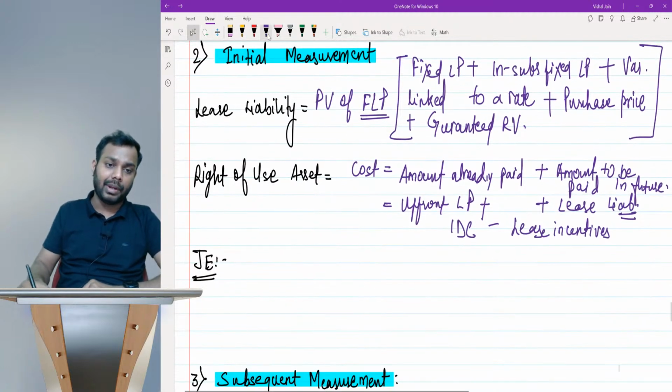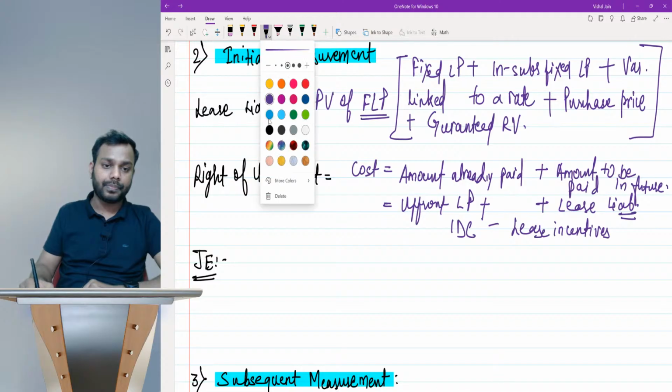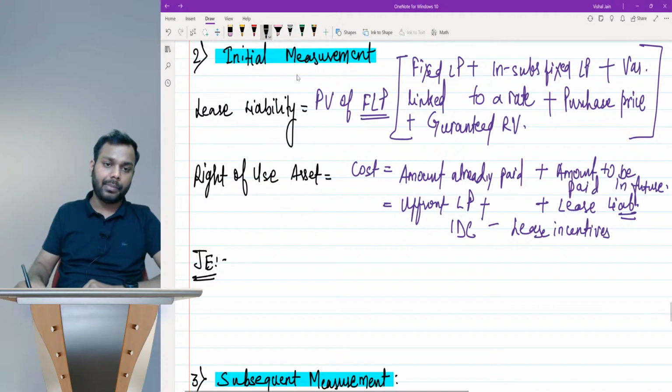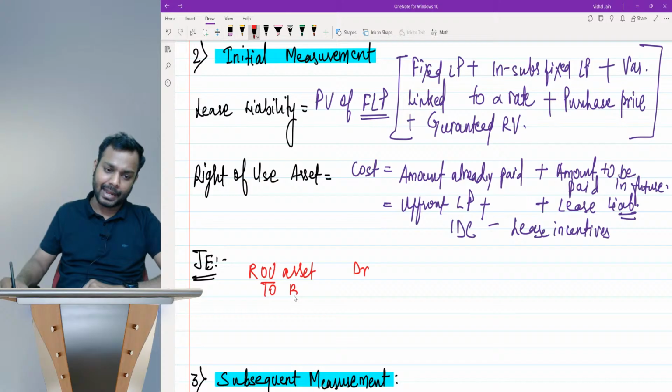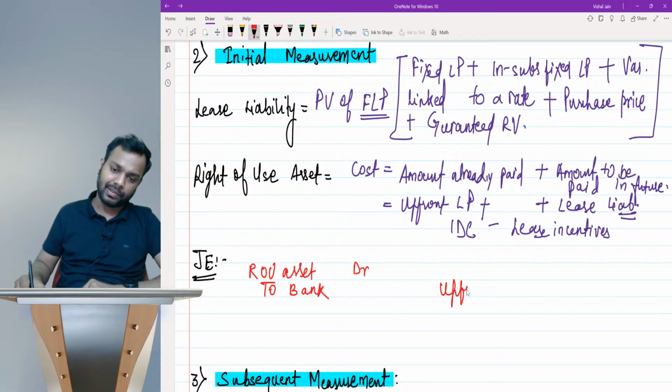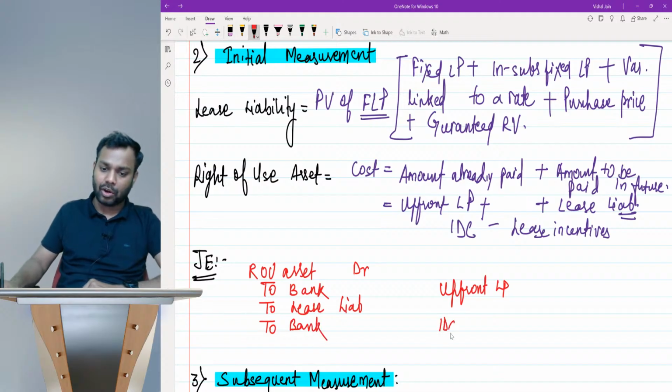The journal entry becomes: right of use asset account debit, to bank, in that you can write upfront lease payments, to lease liability, to again bank, this might be initial direct costs.